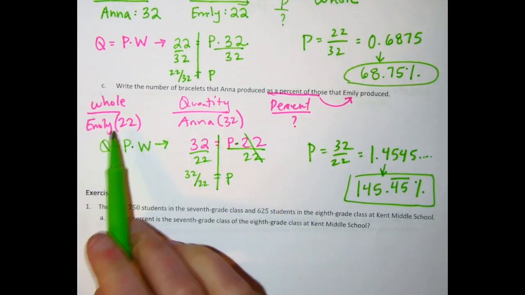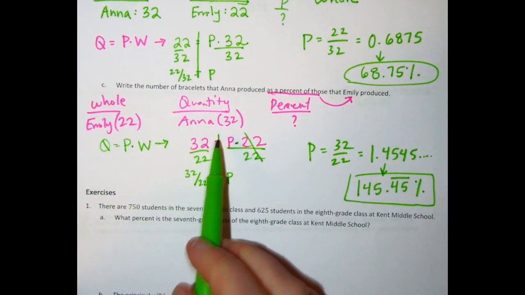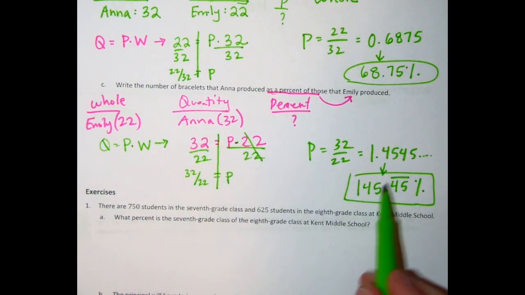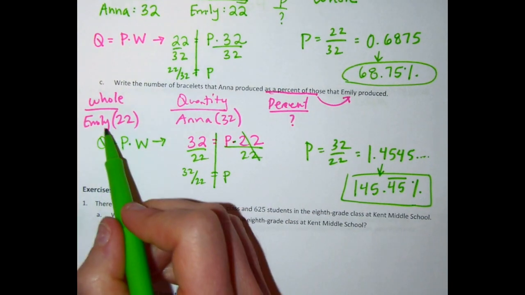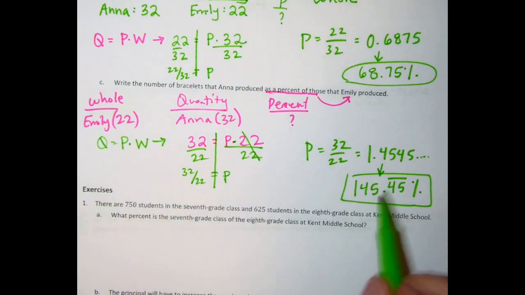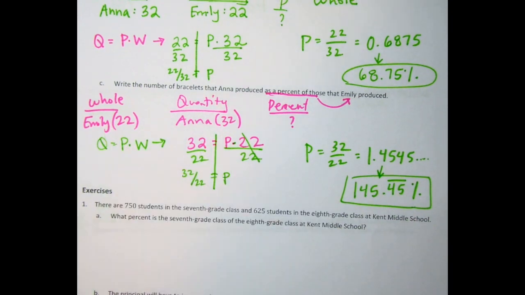So compared to Emily, Anna produced 145%, and I just rounded that. What that tells us is that Anna had more than Emily, which makes sense. Anna had 32, Emily had 22. It makes sense that this is more than 100% because Anna made more than Emily. Okay, so there are quite a few more of these.